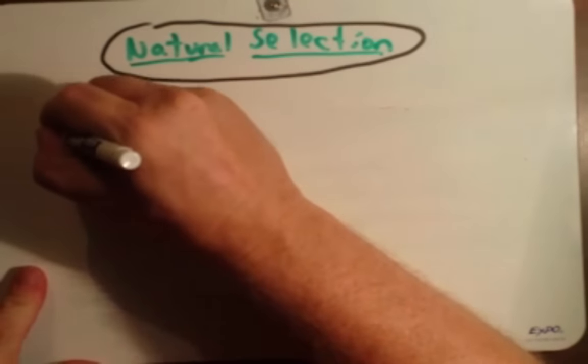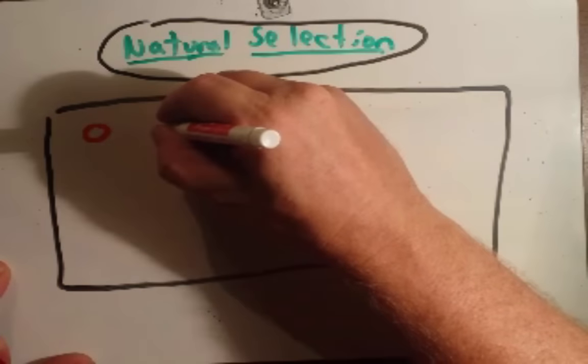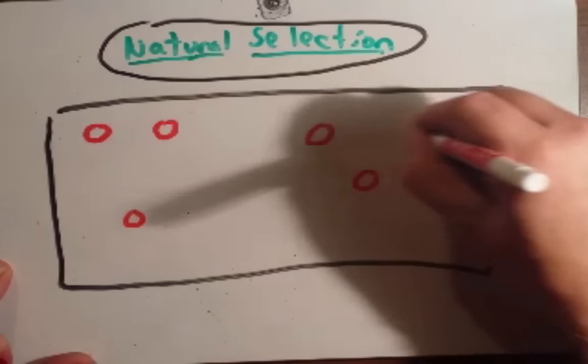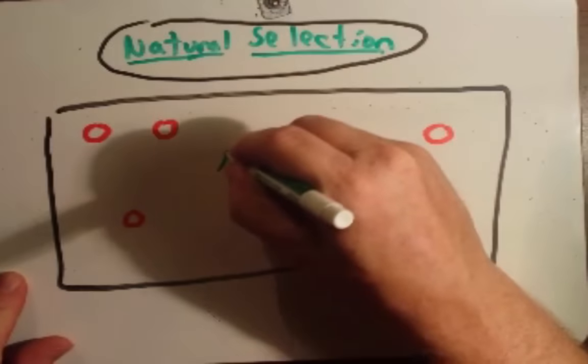So remember, a population is a group of organisms of the same species. So let's draw some organisms here in a defined space. And we're going to make them look different. We're going to have some red round ones. We're going to have some green triangles.